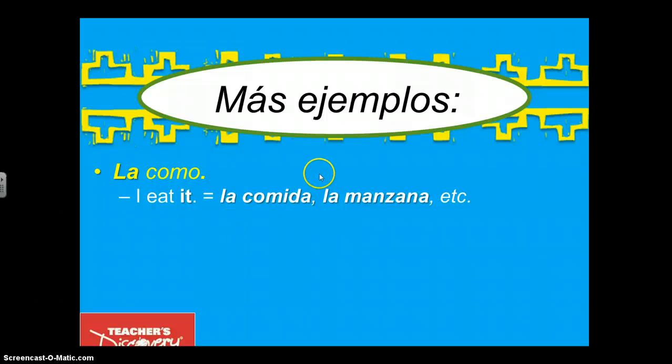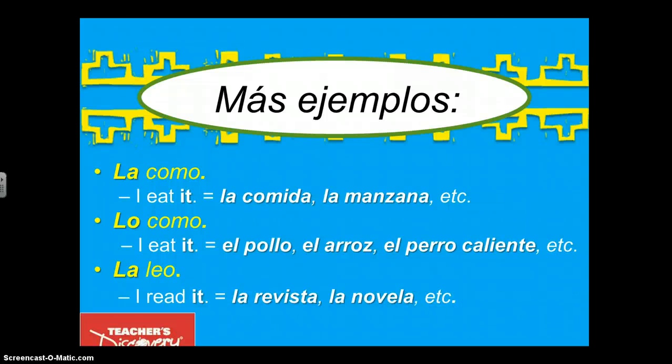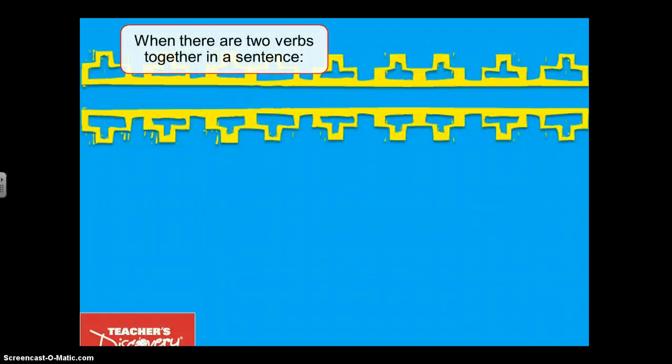Notice the it could be la comida, la manzana, etc. Anything that is feminine and singular. Lo como, I eat it, but it is masculine and singular. La leo, I read it. Whatever I'm reading is feminine and singular. La revista, la novela, etc.